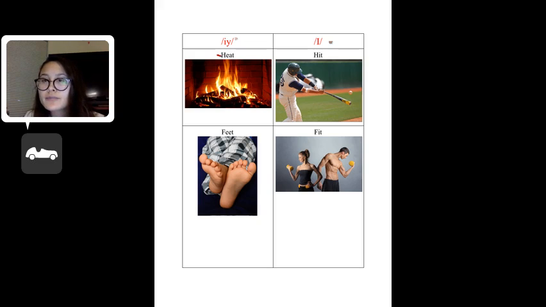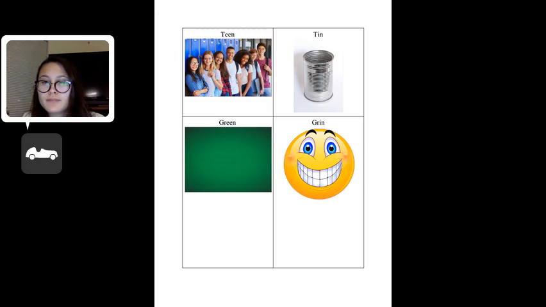Heat, hit, feet, fit, teen, tin, green, grin.